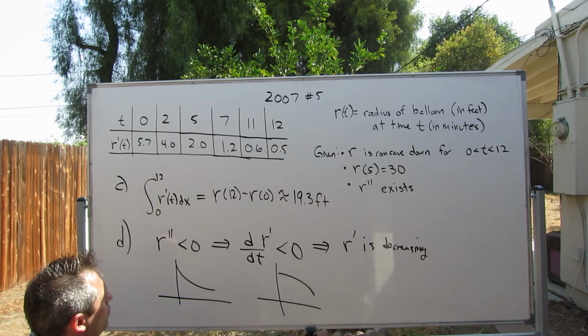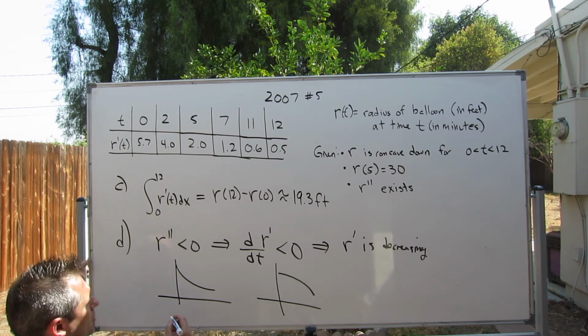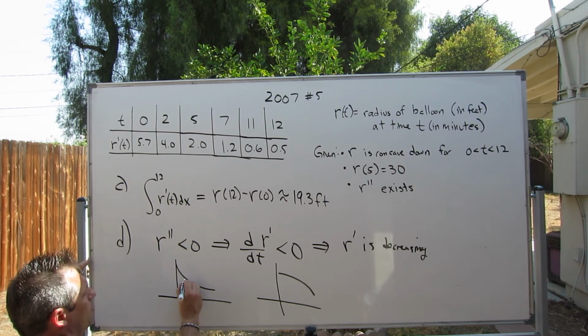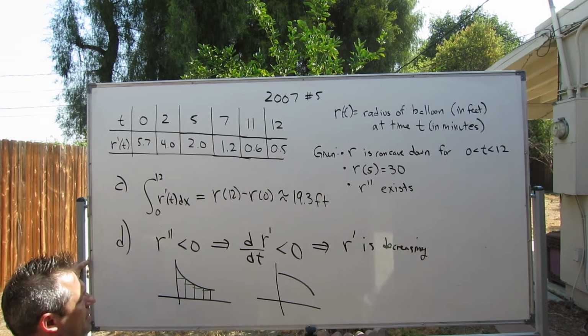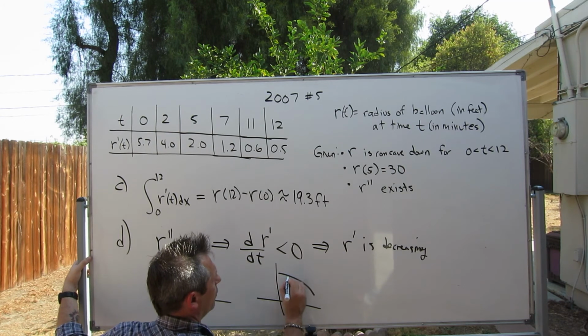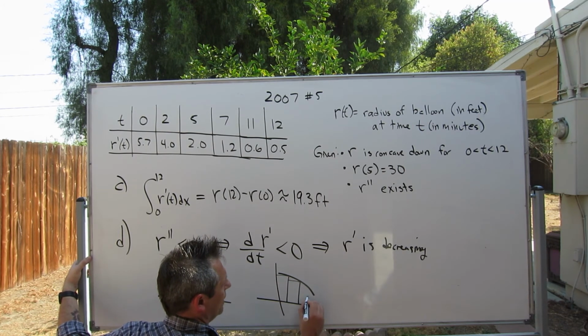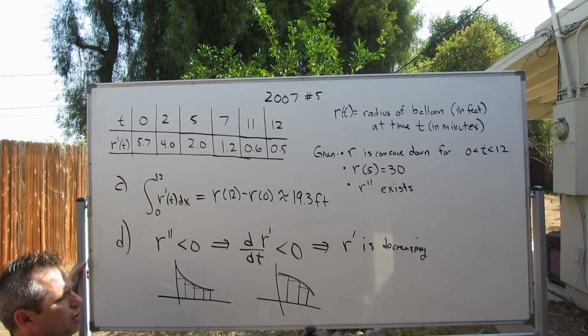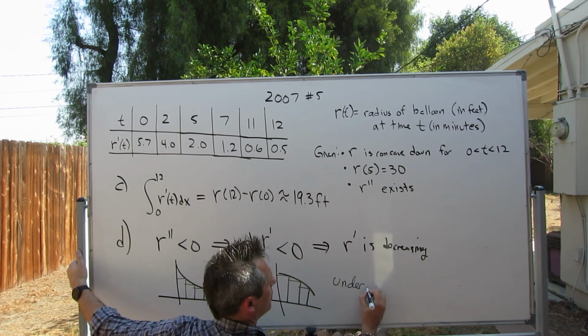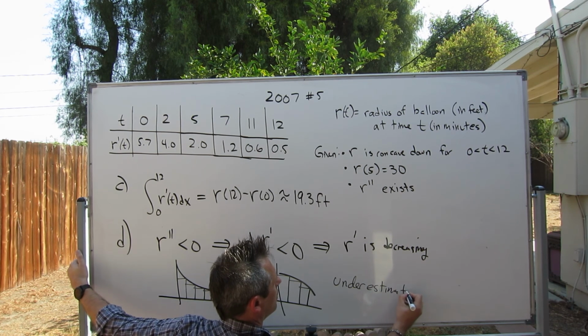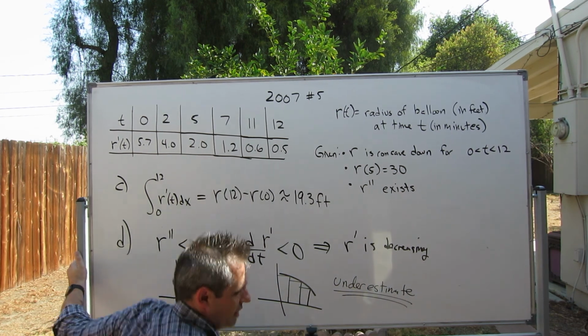But the point is, we used right rectangles to estimate this sum. So when I use right rectangles like this to estimate this area, whether it looks like the first thing or the second thing, it doesn't matter. Both of these are underestimates. So this must be an underestimate. And that's my final answer.